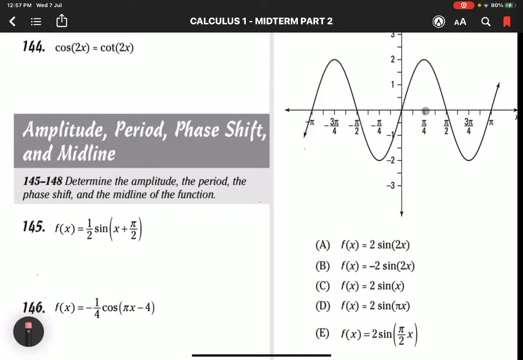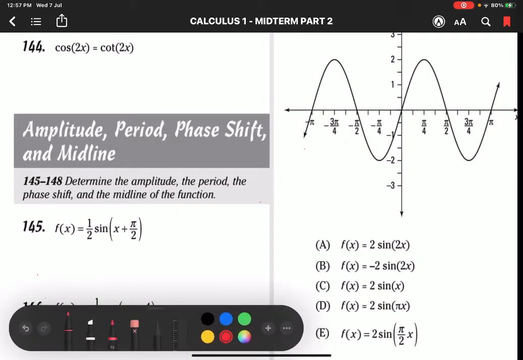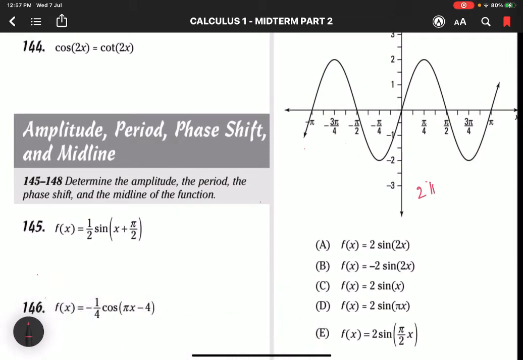Nag-range siya ng isang pi. Okay? Para makumpleto yung isang cycle. Okay? So, kung isang pi siya, ang period, ang sukat niya ay pi. Sabi natin, di ba, ang period ay 2 pi over b. Dahil si b ay period.